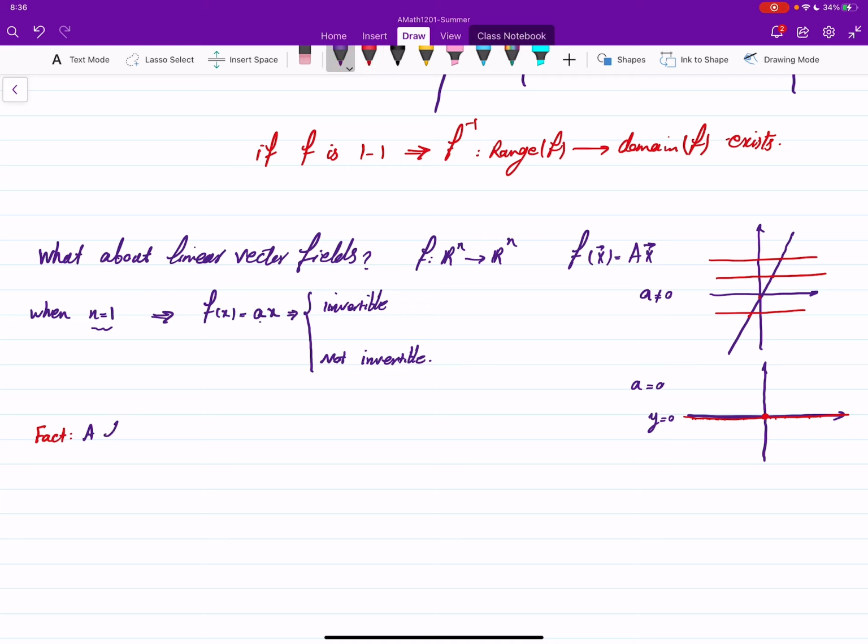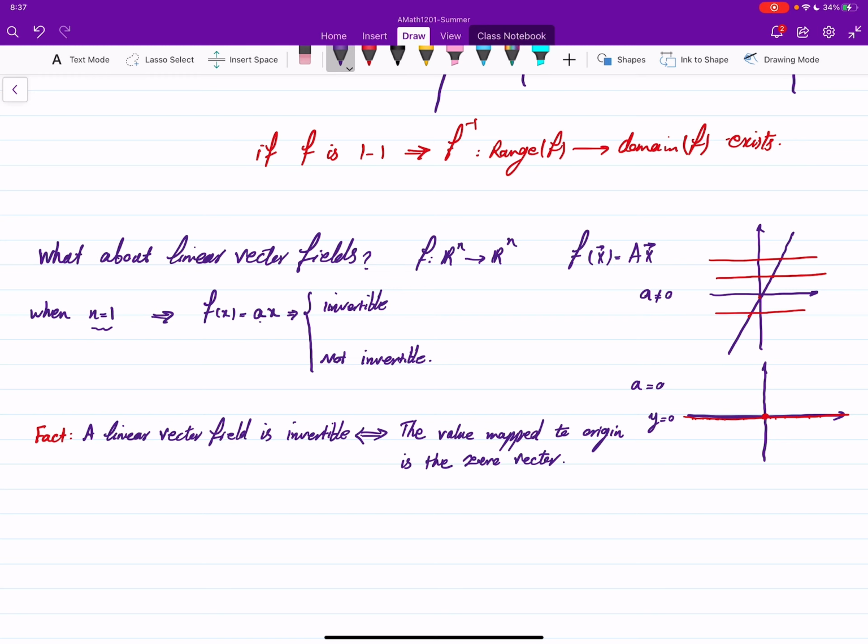A linear vector field is invertible if and only if the only value mapped to the origin is the 0 vector. You don't need to go check one-to-oneness in all the values.